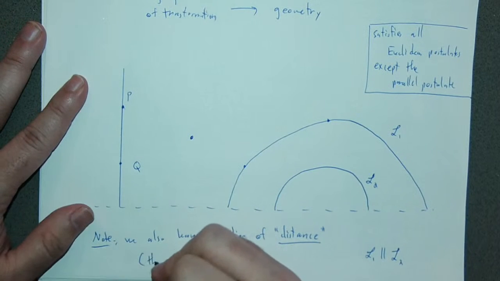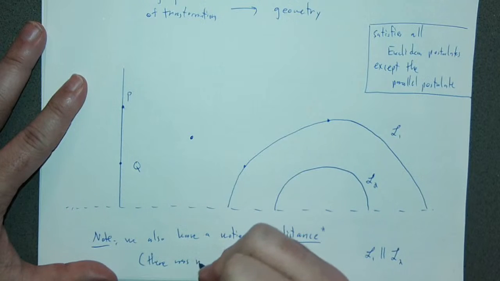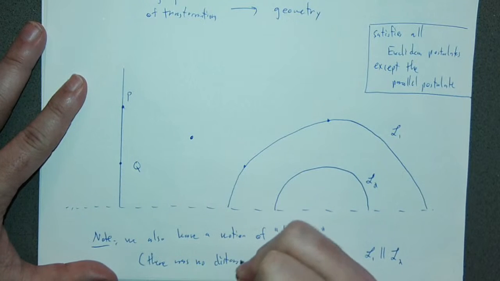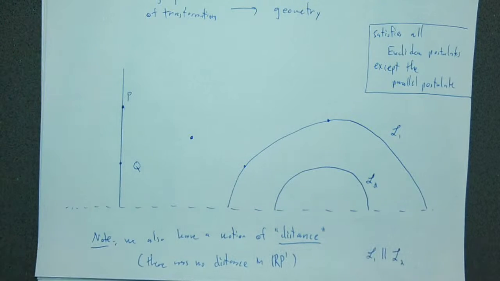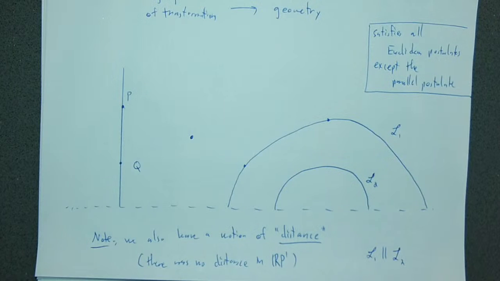Well, there was no distance in RP1. Sensibly talking about distance in RP1 didn't make any sense because RP1 was defined as this projective geometry thing where you can't talk about distance. So we definitely don't have a notion of distance or length in RP1, but we are going to have a notion of distance here. It's going to be a non-Euclidean distance.